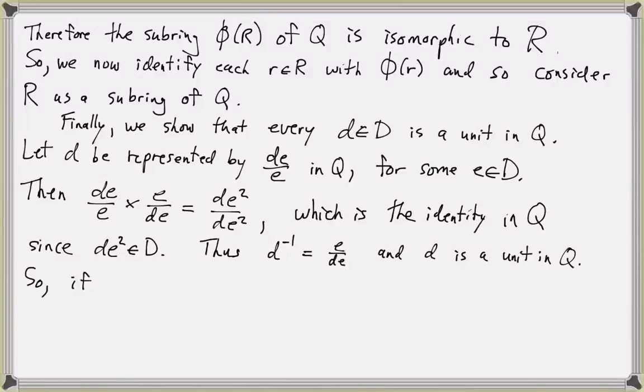So if the element r over d is in Q, then r over d equals rE over dE for any element E in capital D, but this is the same as r times d inverse.